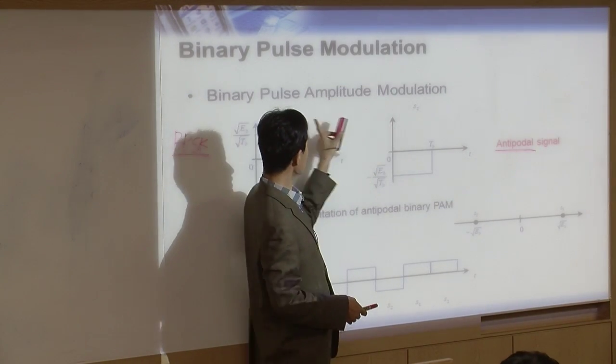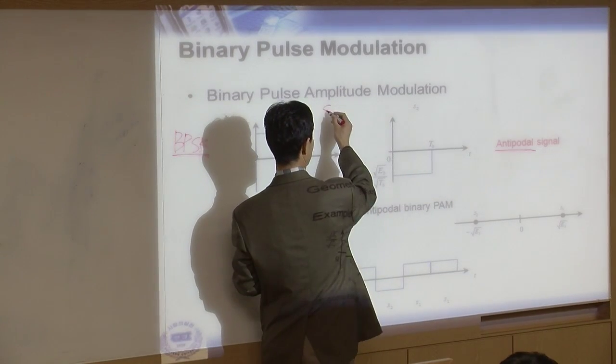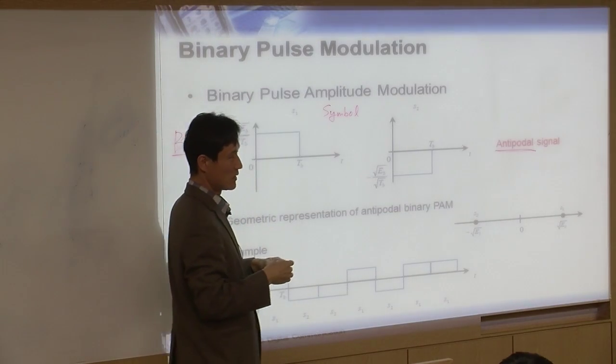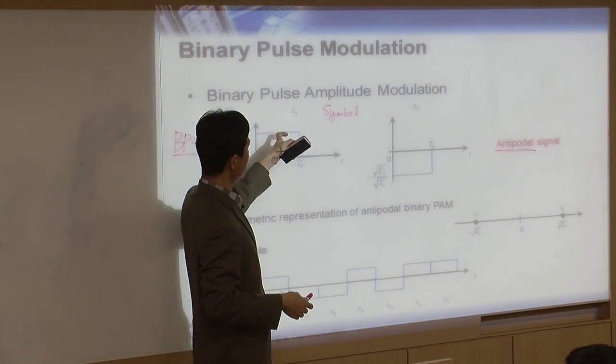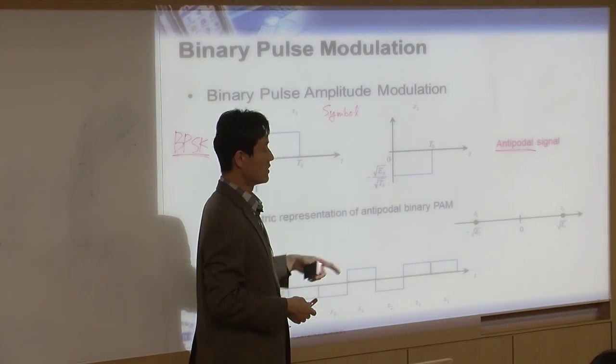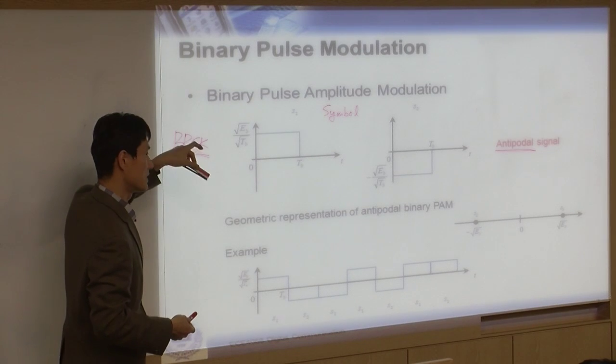By the way, we call this one a symbol. One symbol has a positive value, and the other symbol has a negative value. So that's why you call this an antipodal signal. BPSK works exactly like that.